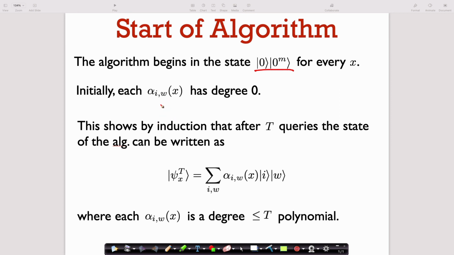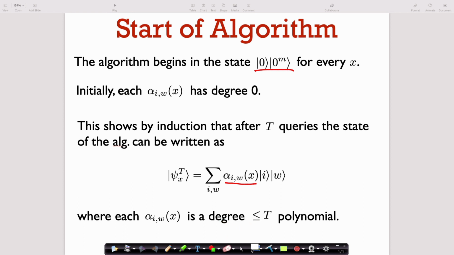They don't depend on x at all. This state is completely independent of x. So we've actually shown by induction that after capital T queries, the state of the algorithm can be written in the following form, where each amplitude here is a polynomial of degree at most T.